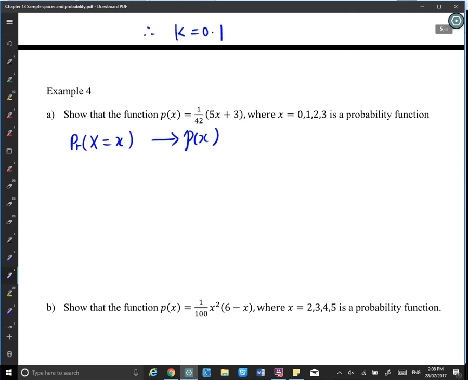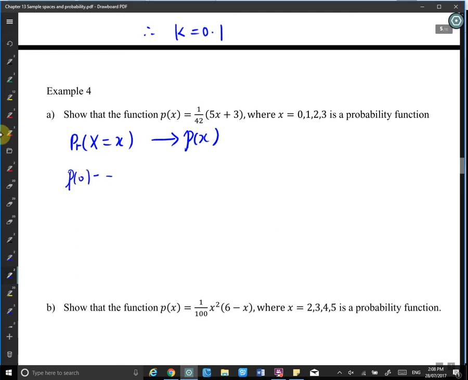So we have P0. P0 equals, put 0 in, 3 on 42.